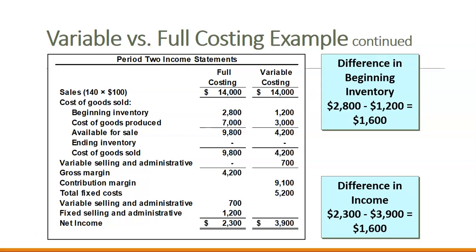And this is one of the reasons that we want to look at the full costing, is just our normal financial records. So we want to look at variable costing income statements for performance evaluation measures to make sure that managers aren't using inventory manipulation in order to make their numbers look better.